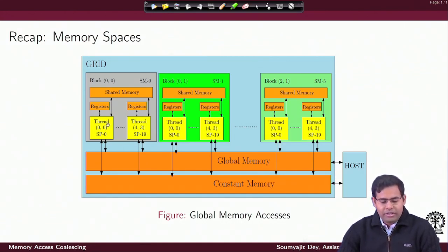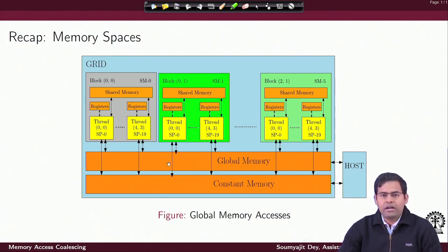So, when a thread is asking for a variable's value, it may possibly be residing in the L1 cache part or the shared memory part, or of course, if you are lucky, then it may be residing in the register file segment allocated for the thread. Otherwise, the thread has to access this value from the global memory.